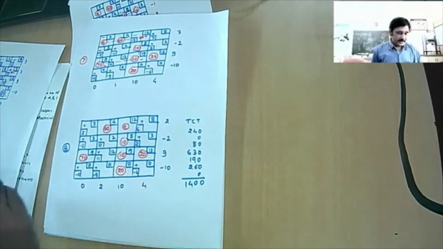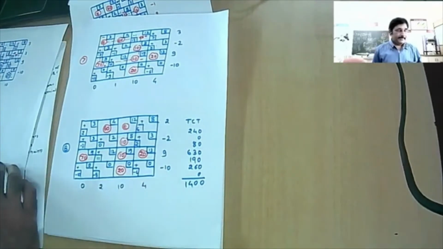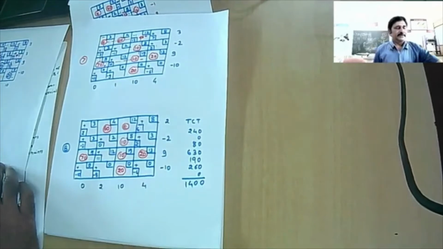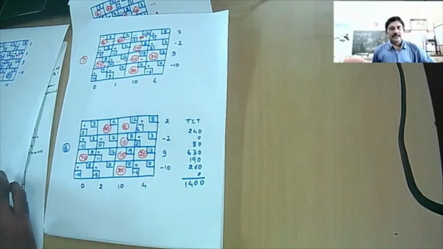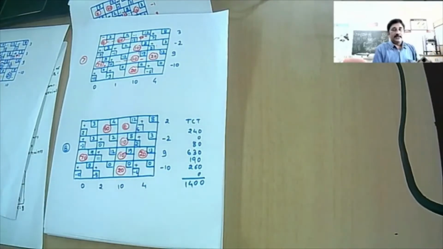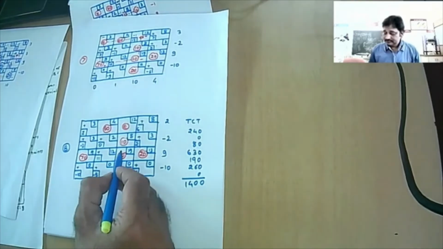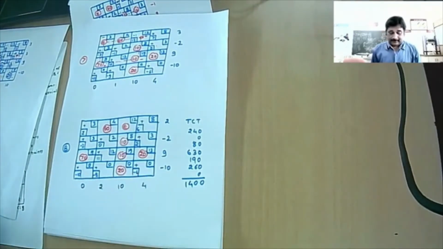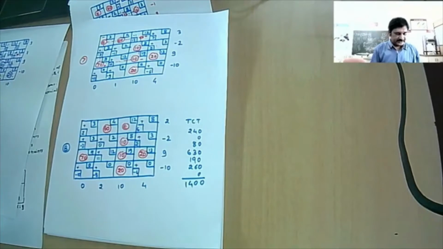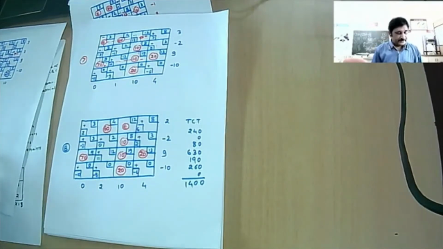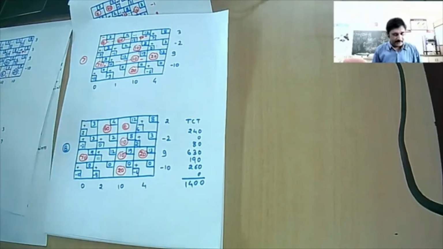But if you remember, when we did the initial allocation by Vogel's approximation method, what was the case that time? The total cost of transportation itself, after doing the initial allocation by Vogel's approximation method, I am bringing it for you.